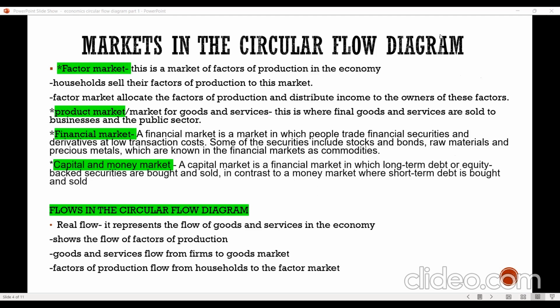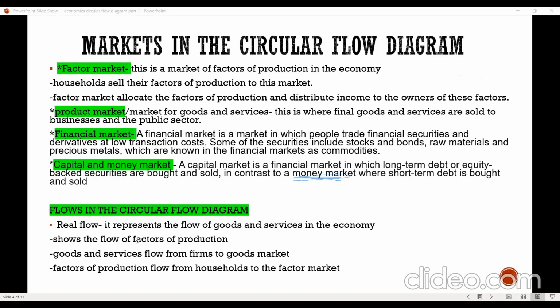Whereas in the money market, short-term debt is bought and sold. This is basically the difference. Capital market: long-term debt, equity and securities are bought and sold. Money market: short-term debt is bought and sold. Right, moving on.